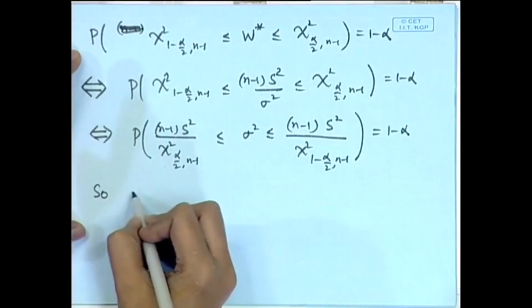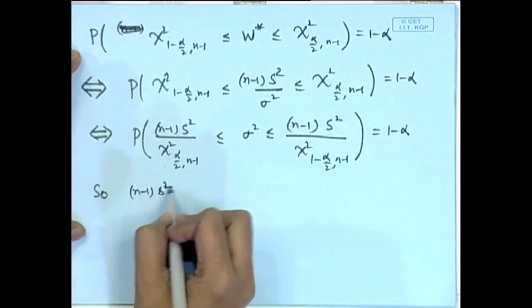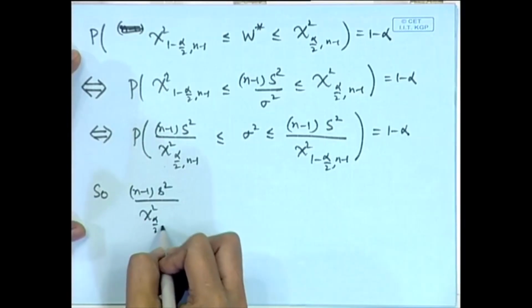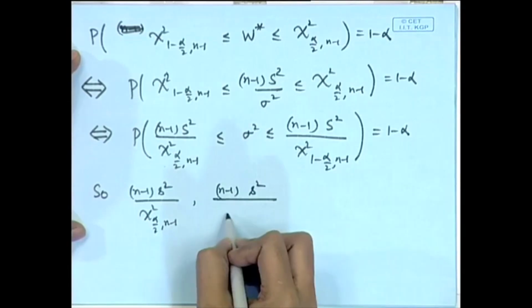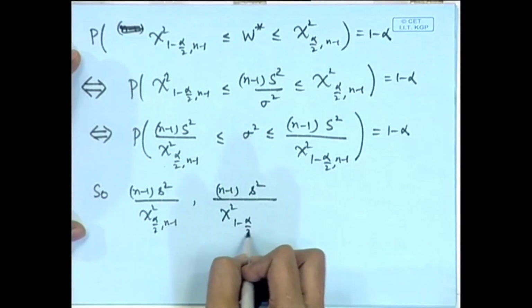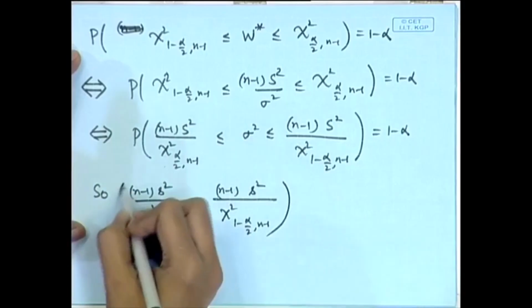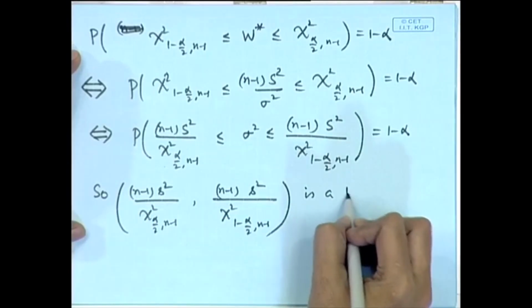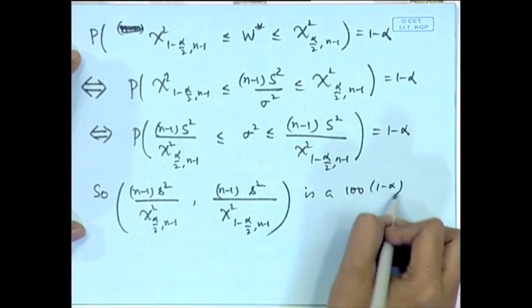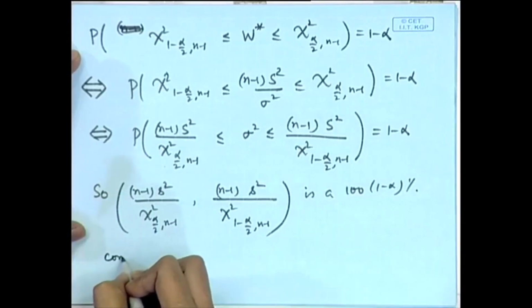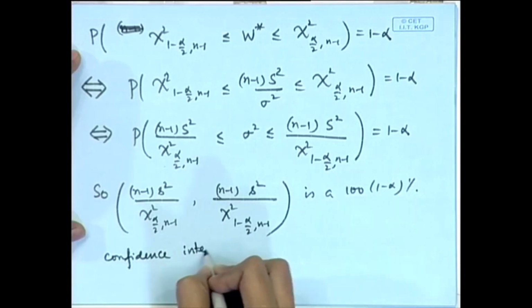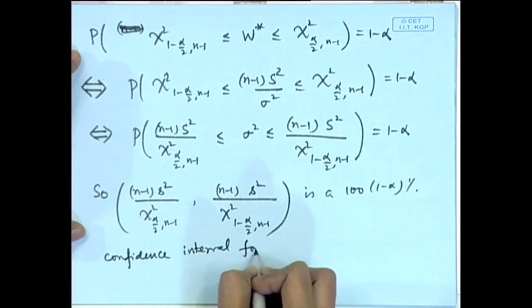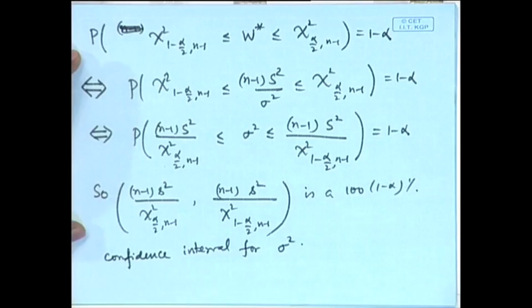So, n minus 1 s square by chi square alpha by 2 n minus 1 to n minus 1 s square by chi square 1 minus alpha by 2 n minus 1 is a 100 1 minus alpha percent confidence interval for sigma square.